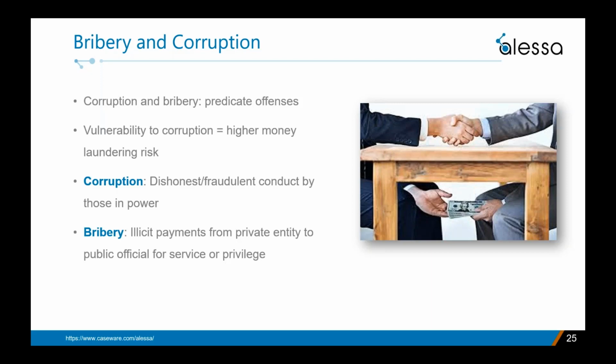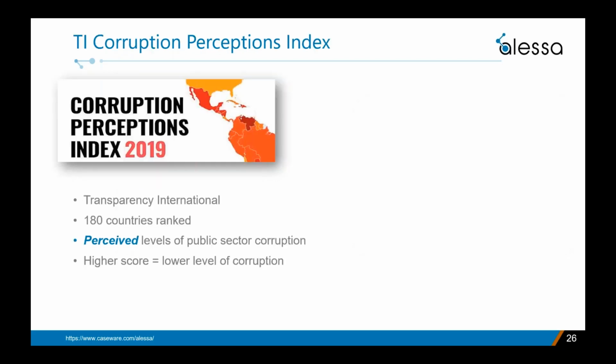Now, bribery, on the other hand, is a form of corruption, and it's defined as illegal flow of money or other valuables from a private entity to a public official in exchange for being granted a government service or a privilege. Now, there are 2 excellent sources for this information, both of which are used by the Basel Index. They are Transparency International's Corruption Perceptions Index and the Trace Bribery Risk Matrix.